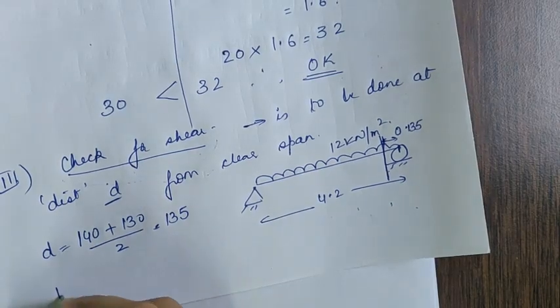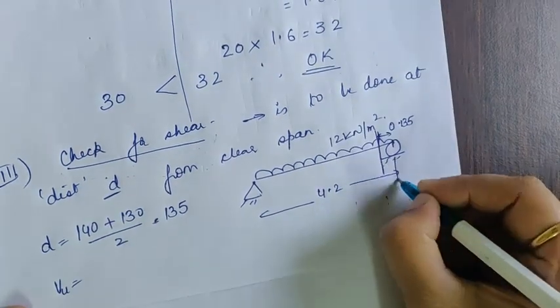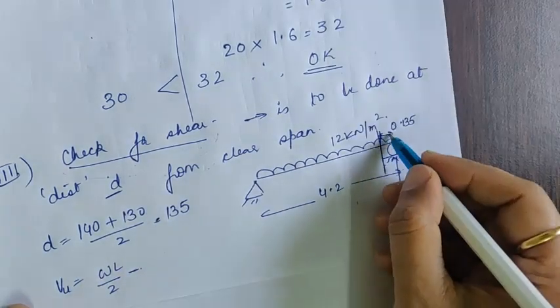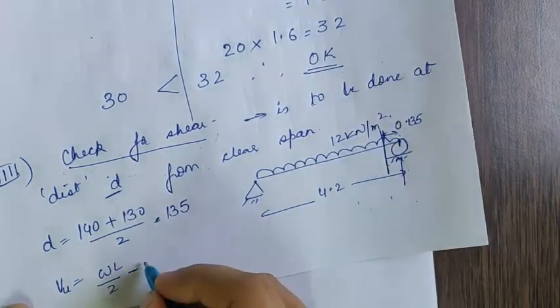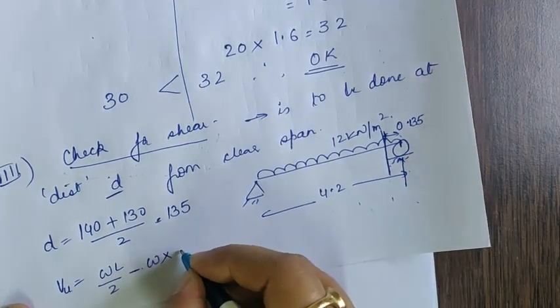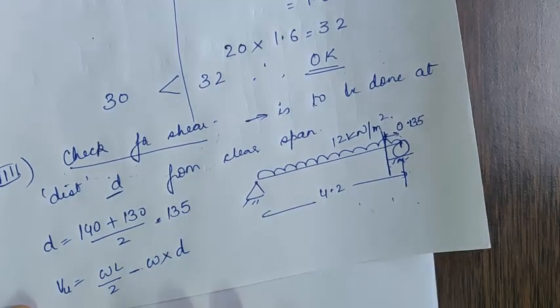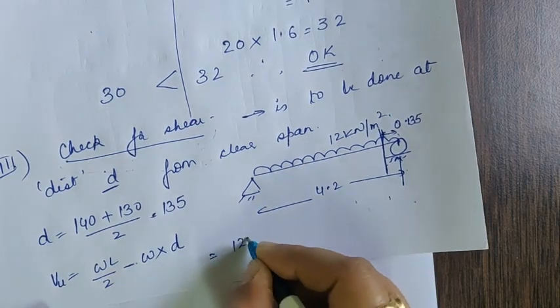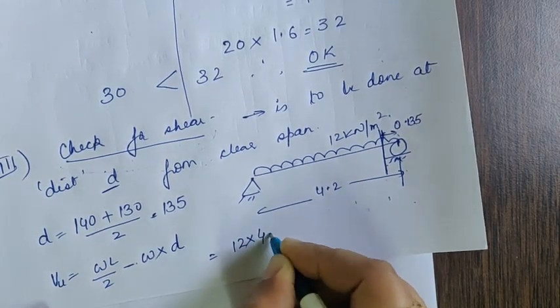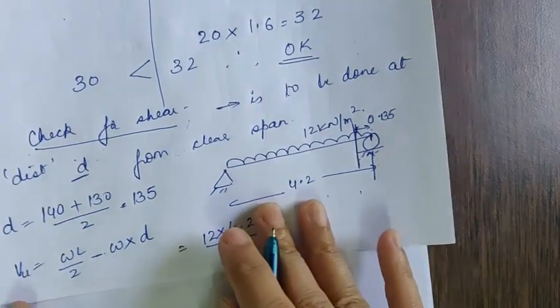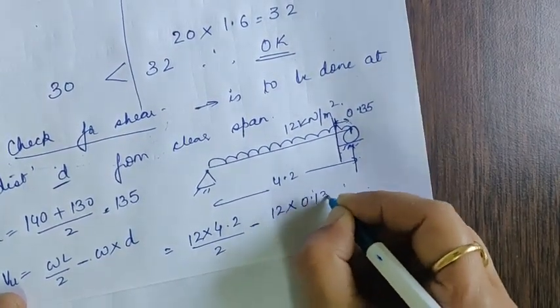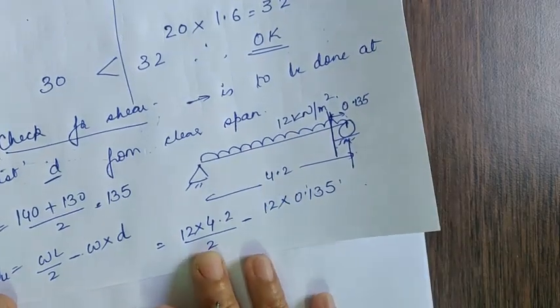Here. So Vu will become, see the reaction over here will be wL by 2 minus this load will be w into d. So this is coming out to be 12 into 4.2 divided by 2 minus 12 into 0.135. Okay.